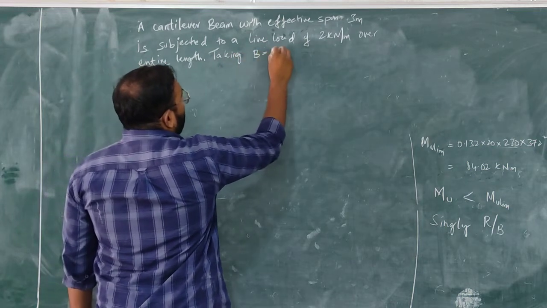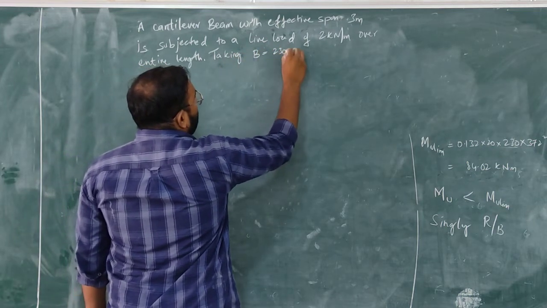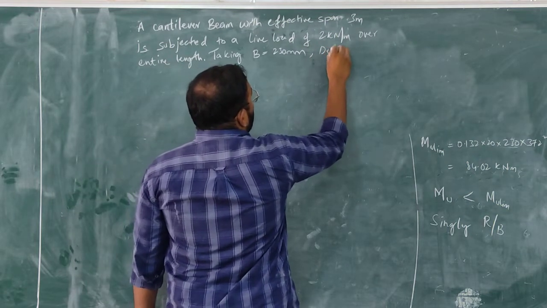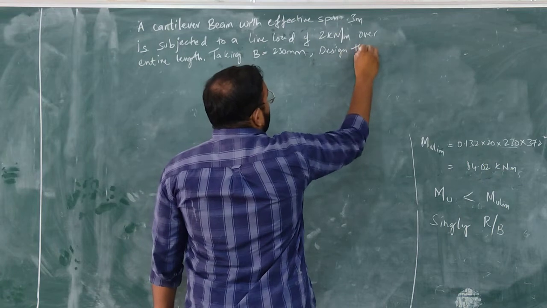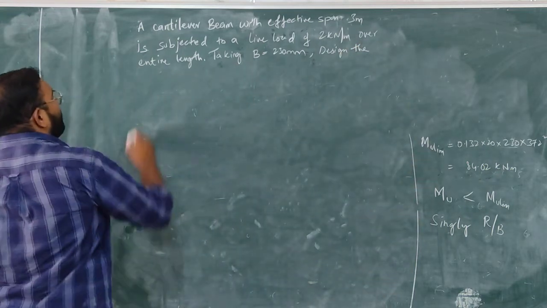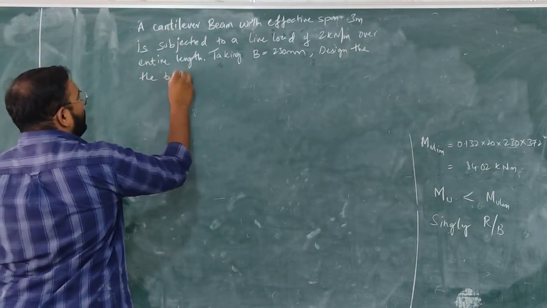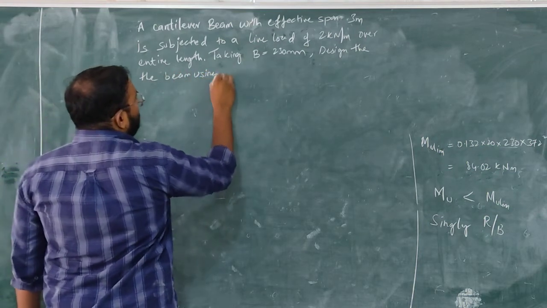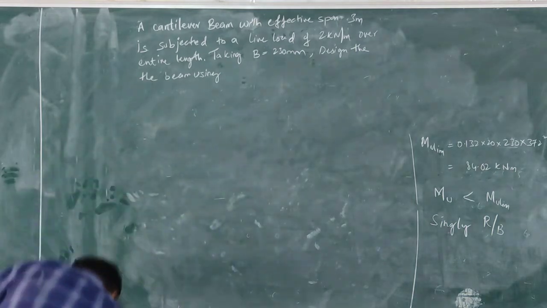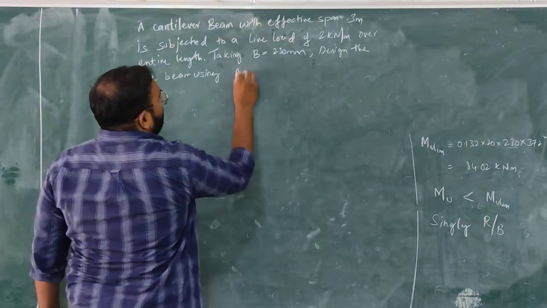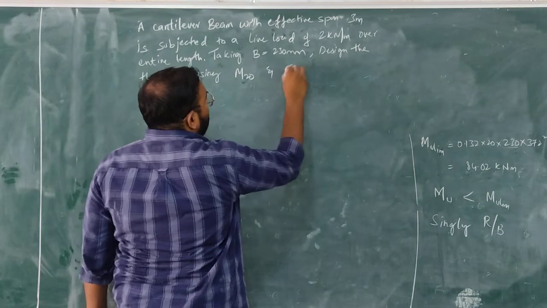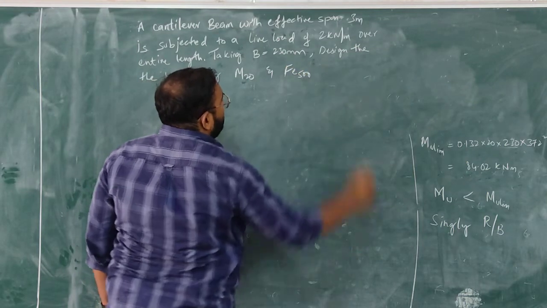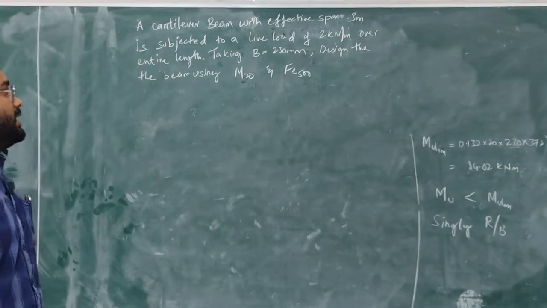Taking capital B equal to 230 mm, design the beam using M20 and Fe 500 grades of concrete and steel respectively.